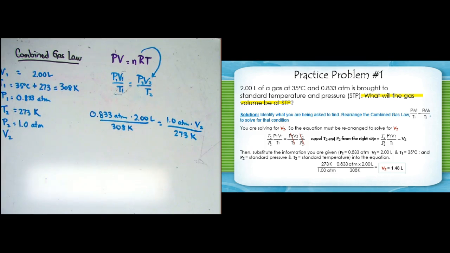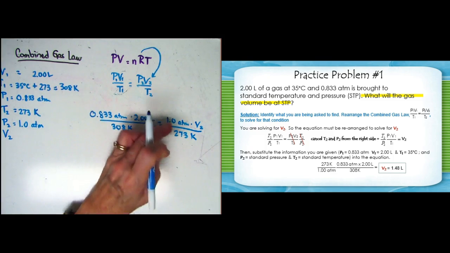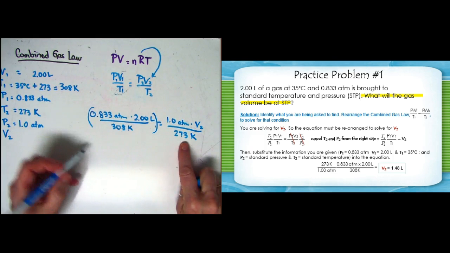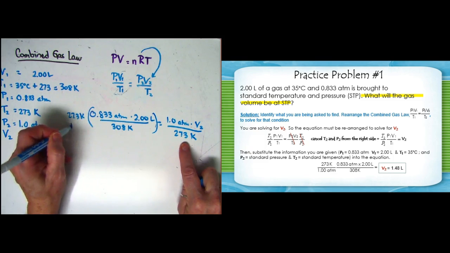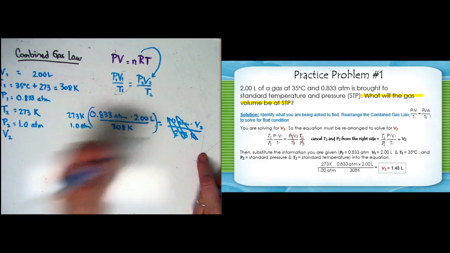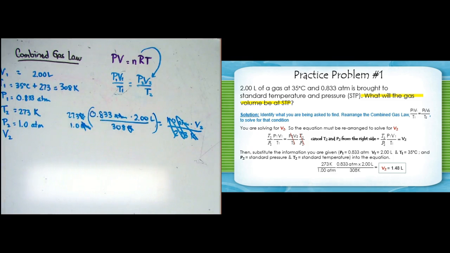It's a fraction. You can do this the way you do everything else with simplifying this side if you want to. Then whatever you do to this side, you're going to just simply put 273 here, 1 atmosphere there. These guys cancel. Look, atmosphere cancels, Kelvin cancels, and all you got is liters.